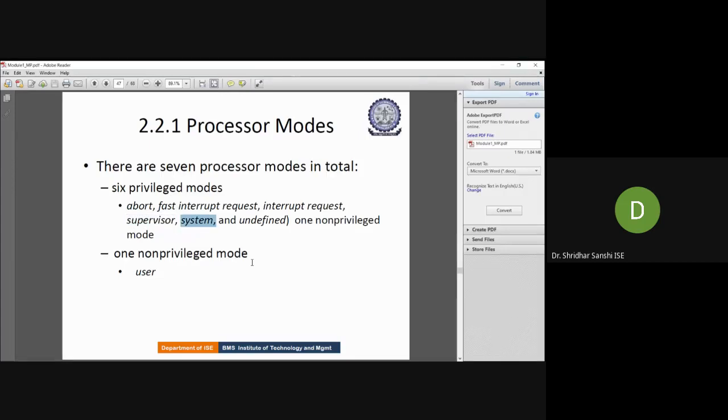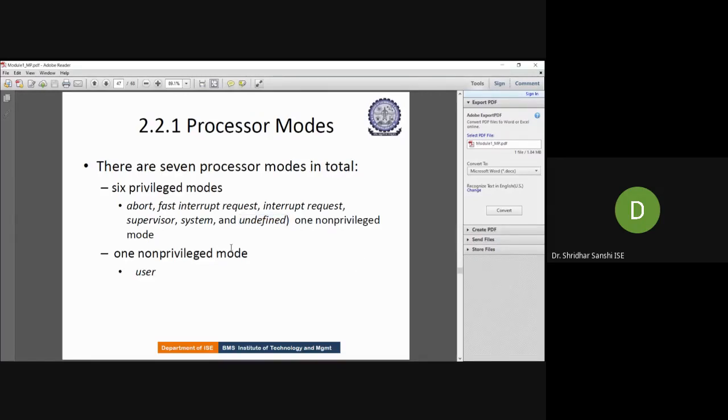And next is the system mode. The system mode is a special version of the user mode, but it doesn't have any special privileges. We'll see what privileges it has. And the last one is undefined mode. If you are writing some instruction which is not there, or some error occurs, then it will be in the undefined mode.